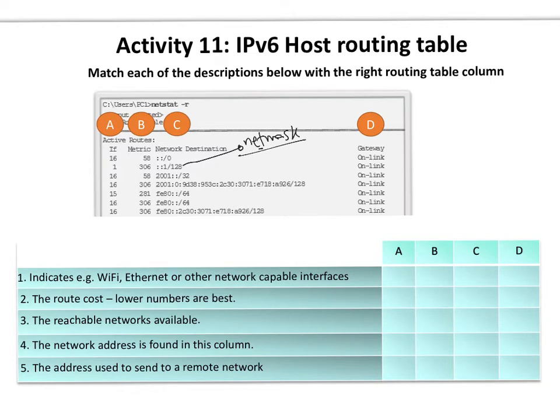So for IP version 6, if you display the routing table for the host, which you can do using netstat or something, you see that the reachable networks column actually combines two columns, the reachable network IP address and the network mask. So this is an abbreviated way to represent the subnet mask.